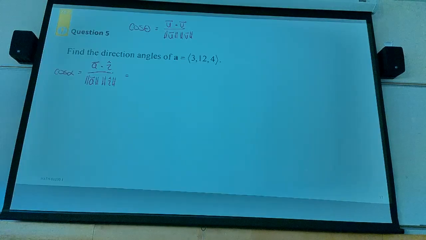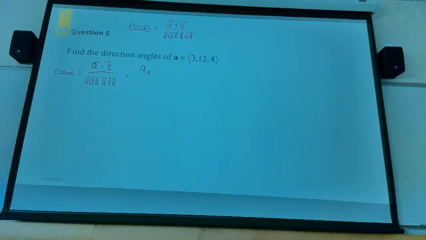True, but there's a much simpler way of saying it. Just a scalar. We get the value of x. It's the x component. That's just the first component of A.